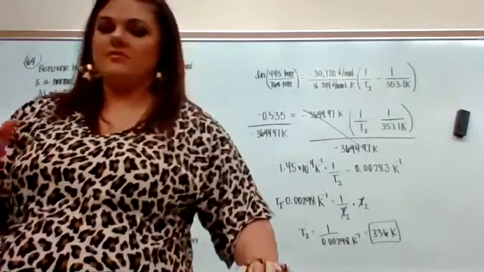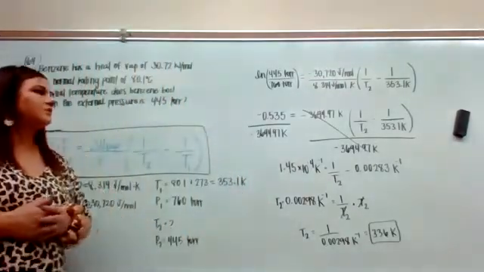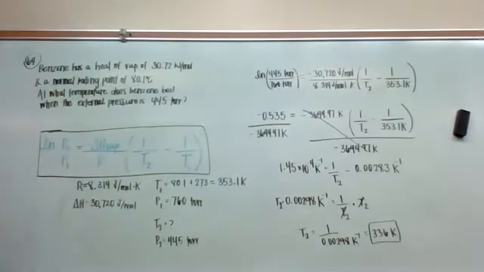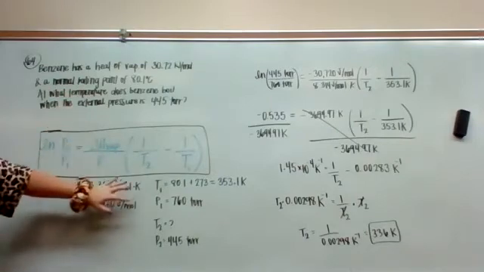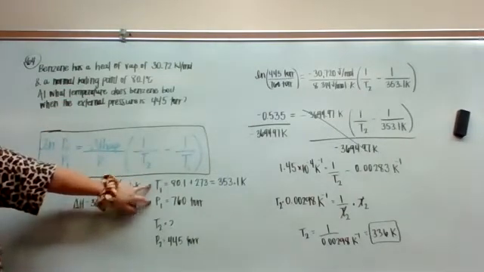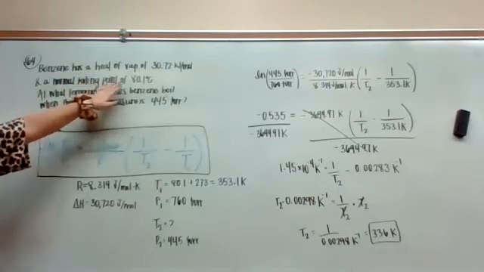How come you put the 445 over the 760 instead of putting LN P2 over P1, just the 445? Okay, so I just made my T1 and my P1 my normal boiling point.